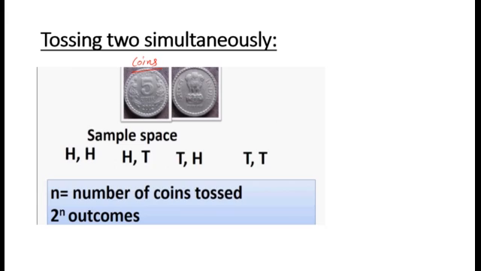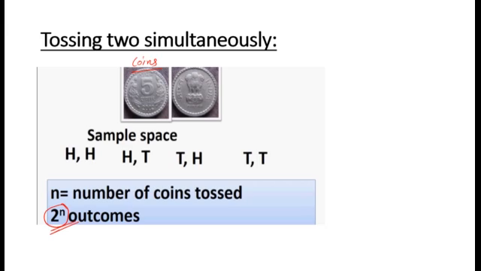Then we have tossing two coins simultaneously. I have already discussed that when we toss a coin we have two outcomes. So let us see when we toss two coins together how many outcomes we will get. The logic is the same as we did for the dice. Here we have 2 to the power n outcomes, where n is the number of coins.